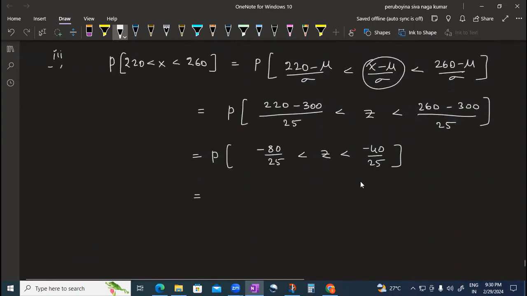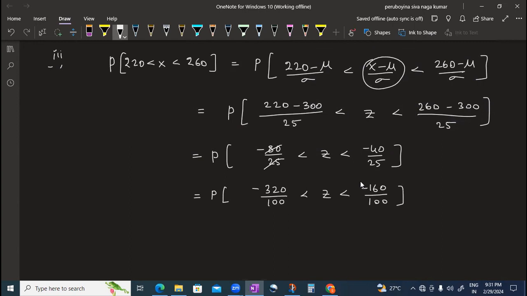So you can cancel in the 5 table, or multiply with 4, that is getting better. 4 times 8 is 32, so 320 divided by 100. You can write like this. And Z less than, here also multiply with 4, then it will be 160 by 100.